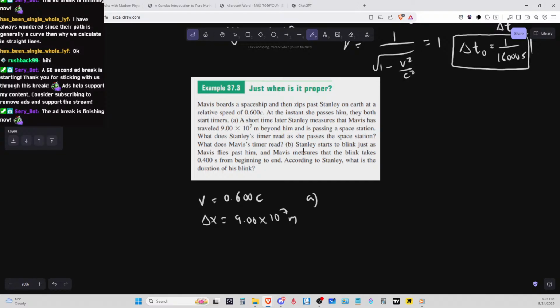Alright. So the thing that we can calculate from this is gamma. The speed of light is going to cancel, and this is going to be squared. So gamma, in this case, is going to be 1 over the square root of 1 minus 0.600 squared.